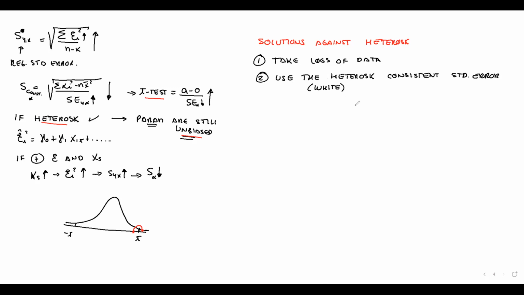Okay, so remember, guys, that the heteroskedasticity test is called the White test, and the heteroskedasticity consistent standard errors are also called the White heteroskedasticity consistent standard errors, because this is the guy that created this test. In EViews, it's a piece of cake. If you copy this one here, we can move to the next slide.